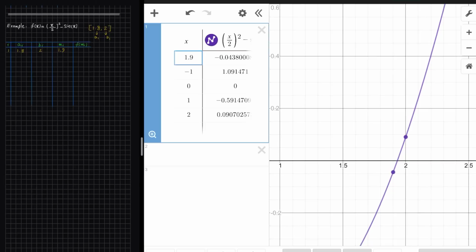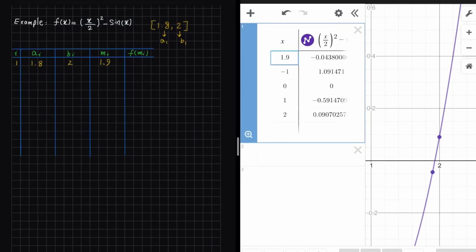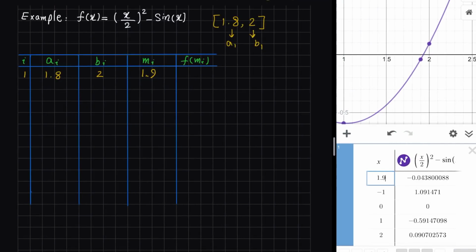And the value of f(x) is minus 0.0438. So it's the negative value. So the sign of m1 is negative. Let's get back to the table. So it is negative.